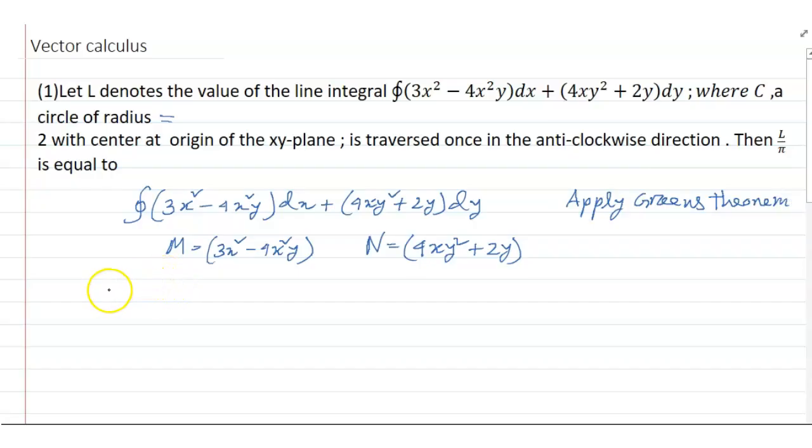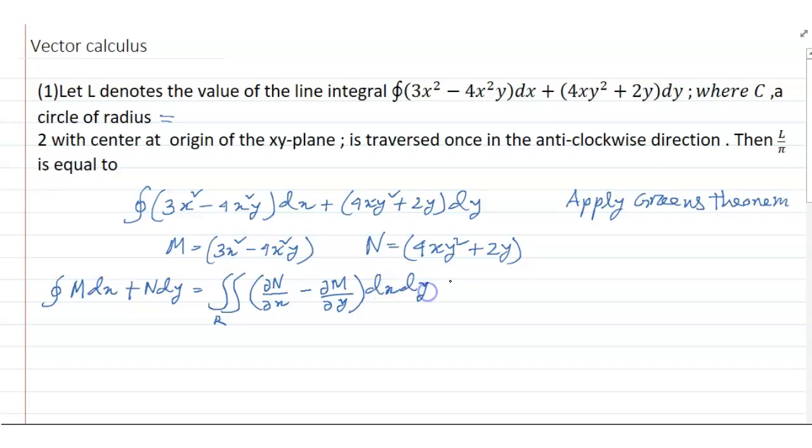Whatever I get, we know this theorem: the integral of M dx plus N dy equals the double integral over R of (∂N/∂x minus ∂M/∂y) dx dy.